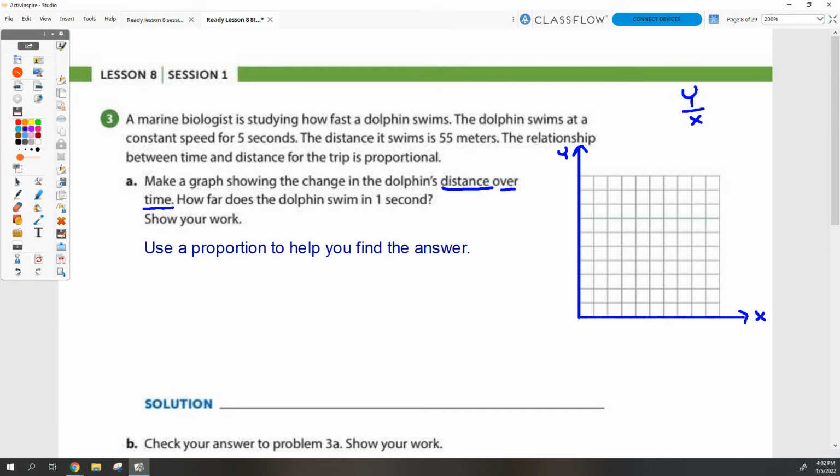So since we want distance over time, y has to be the distance. And right here it says our distance is in meters. So we'll put meters right there. Over time, so this is time. And our unit for time is seconds.